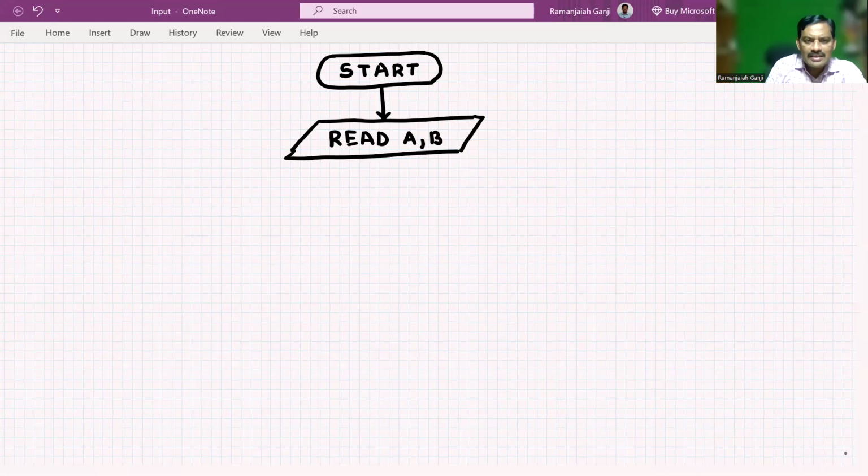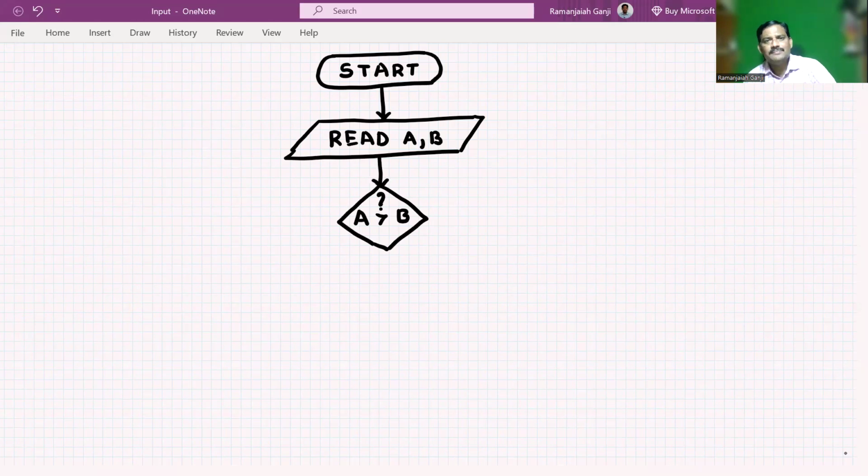How? Here, I'm using a decision making symbol, the rhombus. It is also called condition checking. Within the rhombus, you have to write a question mark, or is, or if.